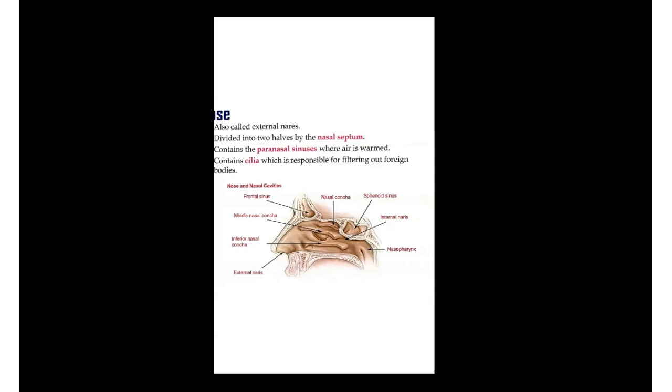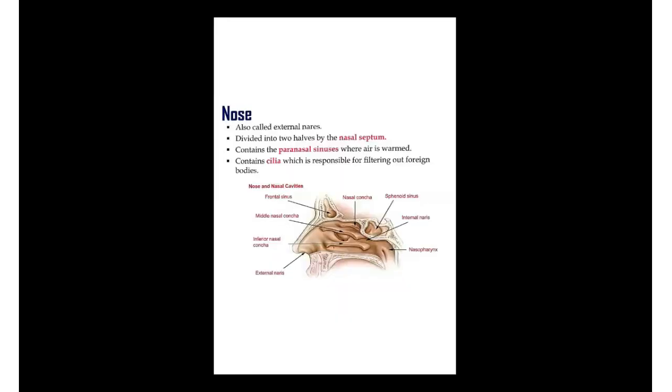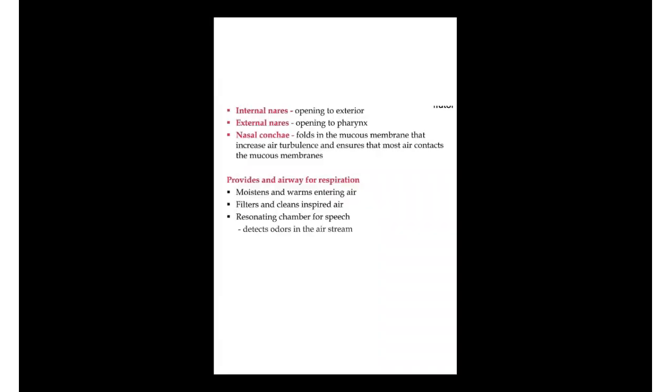There are four paranasal sinuses in the human body: frontal, sphenoidal, maxillary, and ethmoidal. These are the four paranasal sinuses present around the nose.